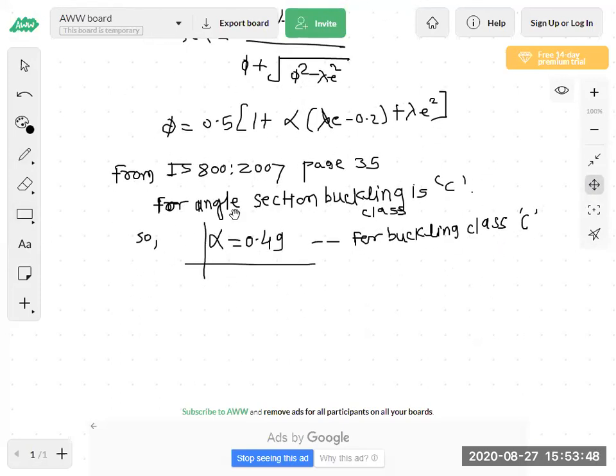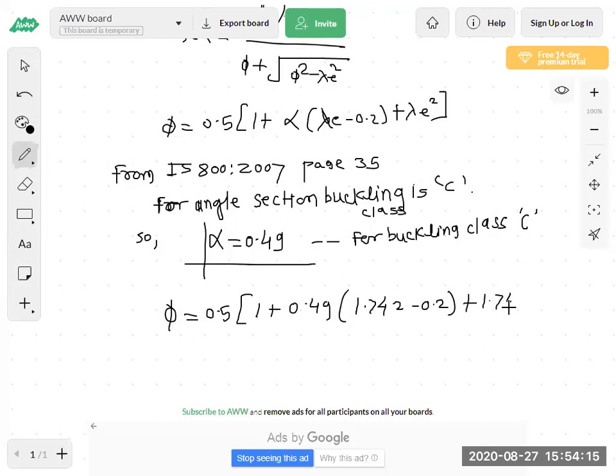Okay. Now put the value of alpha. So phi is equal to 0.5 in bracket 1 plus alpha, now 0.49, in bracket lambda e, which is 1.742, minus 0.2, bracket complete, plus lambda e square, 1.742 square.